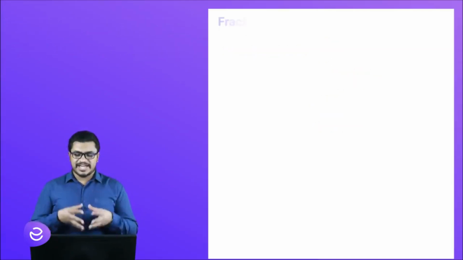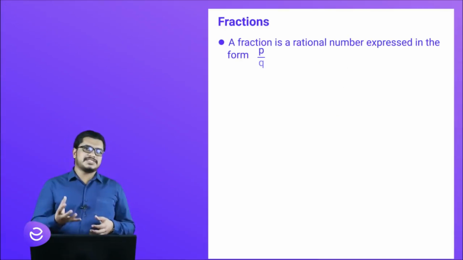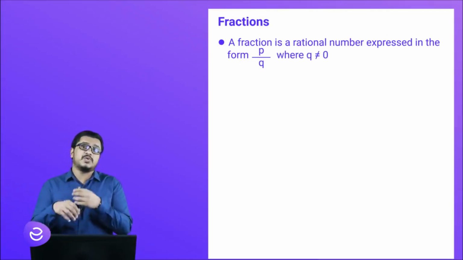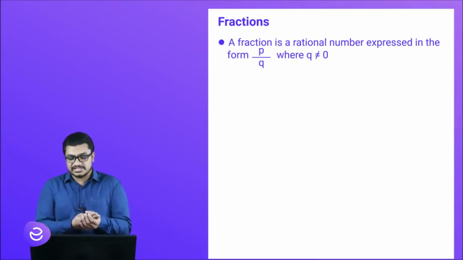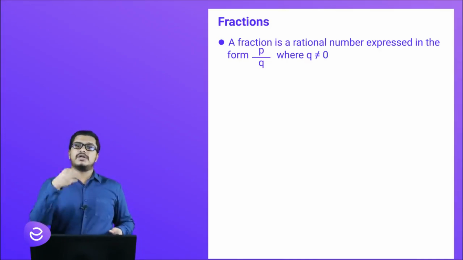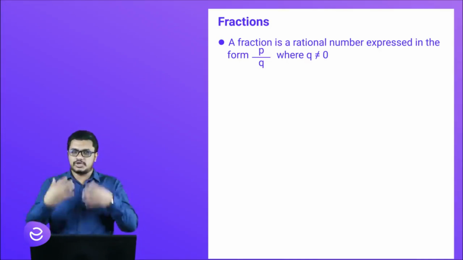Next comes fractions. A fraction is a rational number expressed in the form p by q, where q not equals 0. So that is the definition of a fraction. q is in the denominator, so the denominator should not be 0.